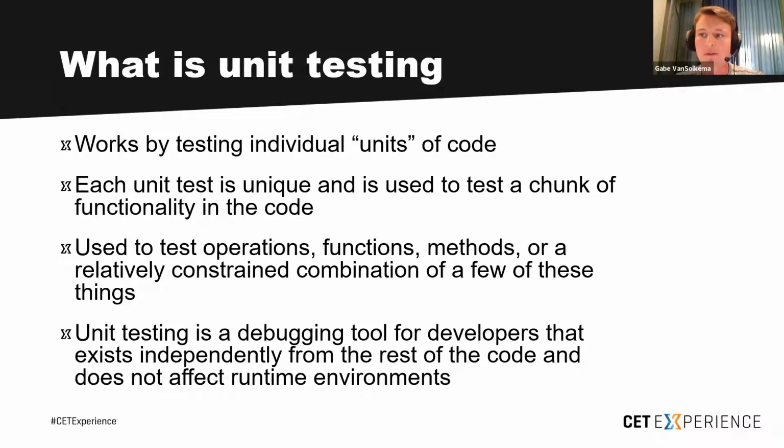It's designed to be used by a developer, and it exists independently from the rest of the code. So if you were to write a bunch of unit tests, it's not going to affect how your code works. They exist independently, and it's not going to slow down your code at all. It's something that you're going to run when you want to run it, and it will not affect your runtime environments.